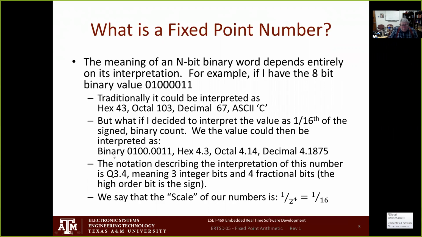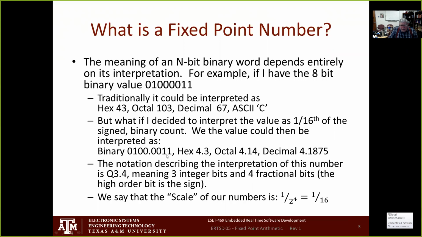Okay. So then I could note this in binary. I could call it this value. In hex, it would be 4.3, and octal would be 4.14. That's a little harder to see with octal, because octal, we divided into 3 bits, right?